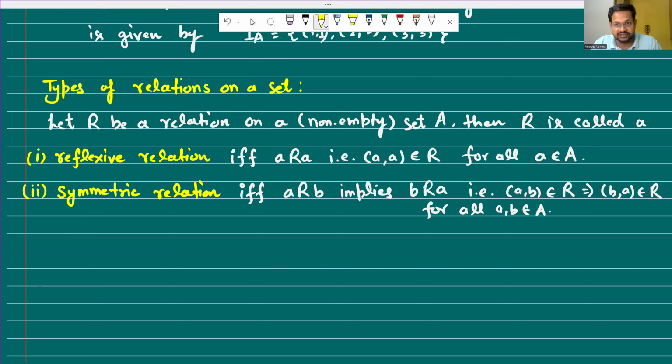Let us define the third one, that is called a transitive relation.